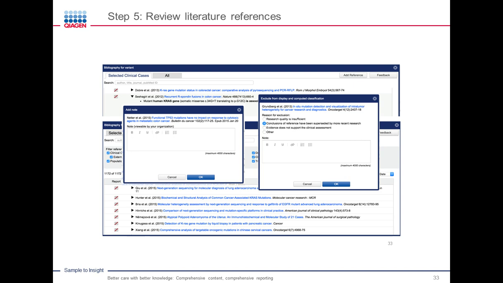And when you've done that due diligence, you can then begin to sign out, or you could, in this case, look at some of the literature and say, I really believe this publication, or you could say that you don't believe this publication. I might want to exclude this from consideration in future cases. And so all of that information can be captured to really streamline the workflow for the next time you encounter this particular mutation.